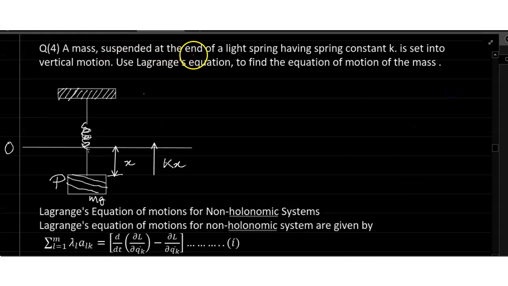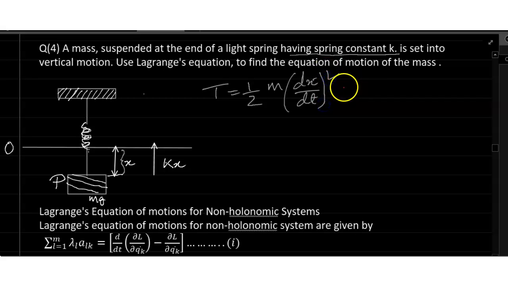A mass is suspended at the end of a light spring having spring constant k and is set into vertical motion. Use Lagrange's equation to find the equation of motion of the mass. So friends, at any time t, let the displacement of m from the equilibrium position O be x. T equals half m (dx by dt) whole square, half m x dot square.